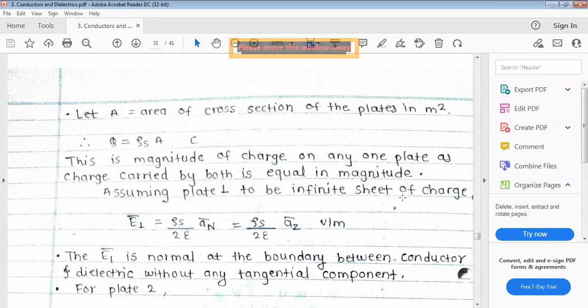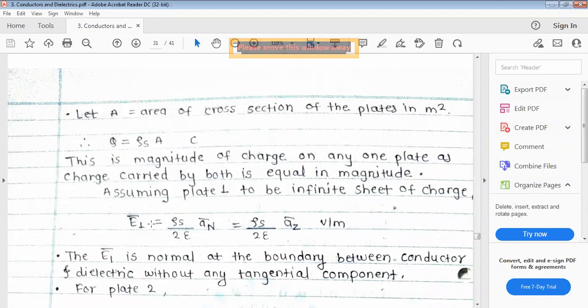If it is on the second plate which is negatively charged, then it is minus q. But the magnitude is the same, just like the dipole we are considering. They have the same magnitude, separated with the same distance from the origin. Only the sign is different.